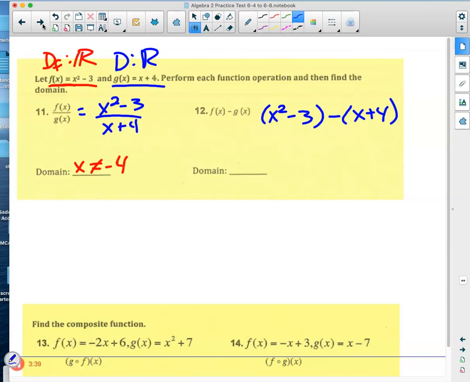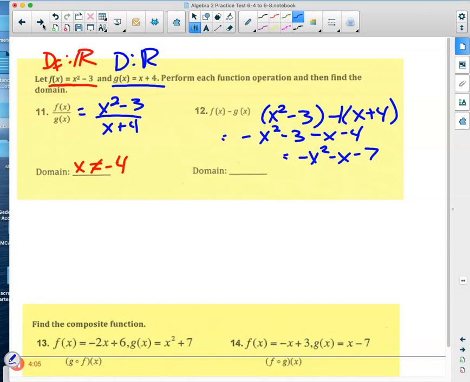They're going to forget to distribute the negative 1 to everything. It happens every year. Don't let it be one of you. Distribute that negative 1 through the second set of parentheses. And then you can combine like terms. And finish it up.